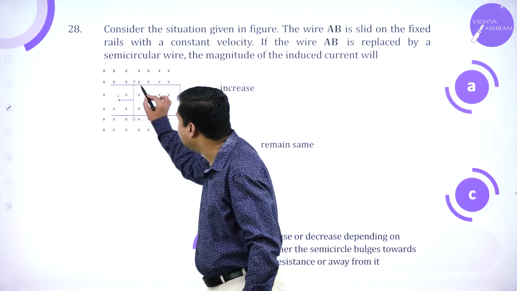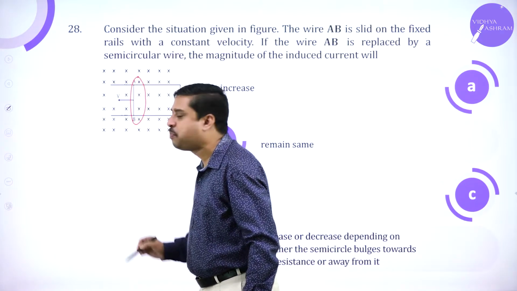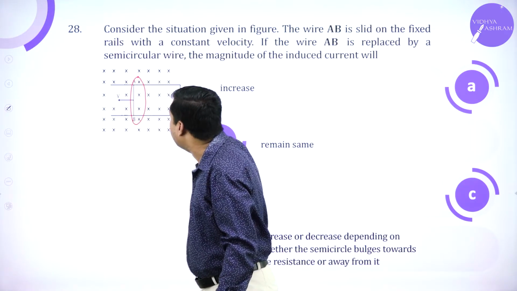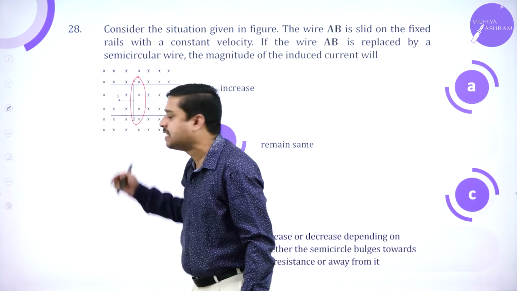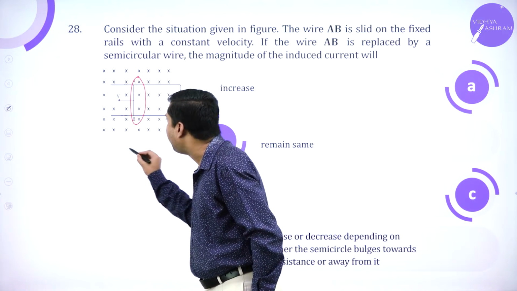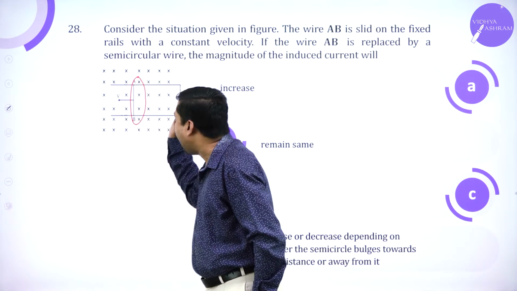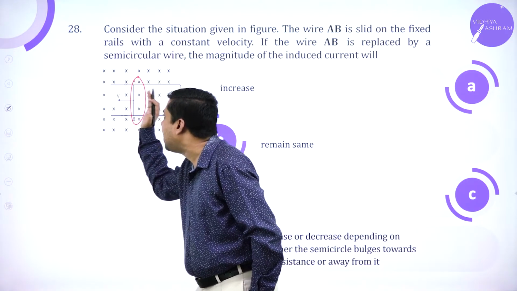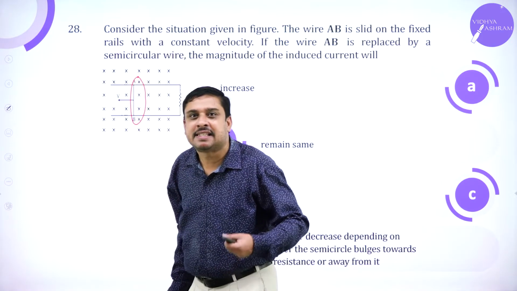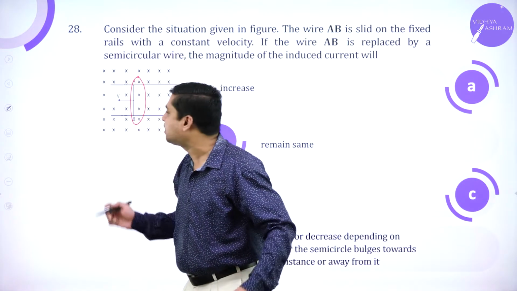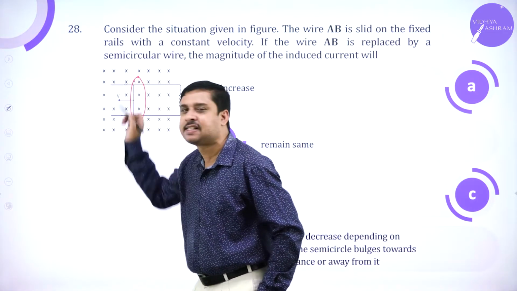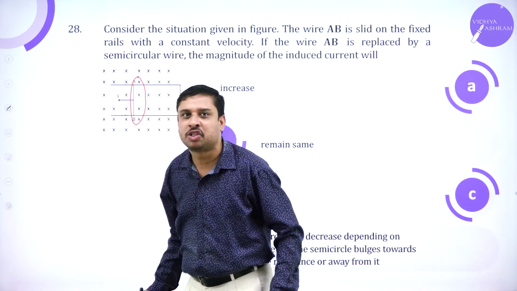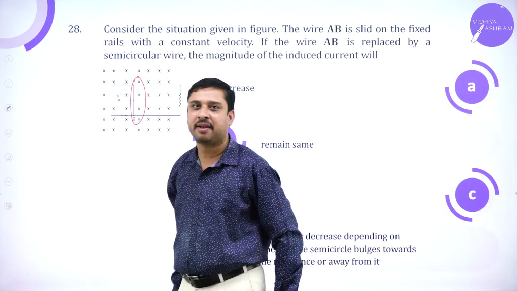He says there is a wire AB which is sliding with a constant velocity in a uniform magnetic field. I am pushing a wire with a constant velocity. What is the impact? Magnetic flux is disturbed, EMF is induced. Therefore, current is induced.